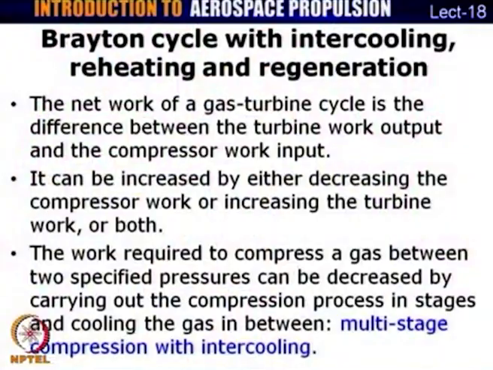So, the work required for a compressor to compress a gas between two specified pressures can be decreased by carrying out the compression process in stages and cooling the gas in between. This is known as multi-stage compression with intercooling.